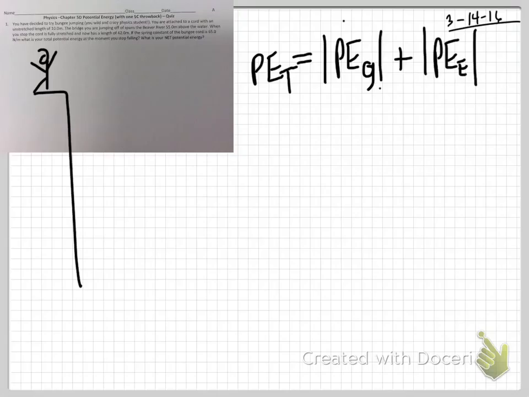I think you use this symbol in math, the two bars meaning absolute value. So just the magnitude of them, and we're not concerned with what direction they're in, or the fact that they're opposing one another, where the net potential energy would just be the sum of our PEg and our PEe.